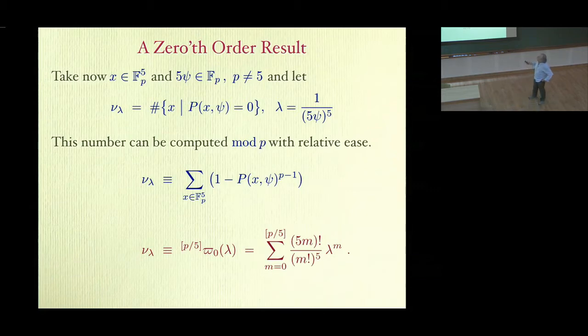So if you do this, it's a side of paper, you'll find that the number of points mod p is this: take the fundamental period, take the first p over 5 terms, and that gives you the answer mod p. Okay? So out of nowhere, the periods have arisen.